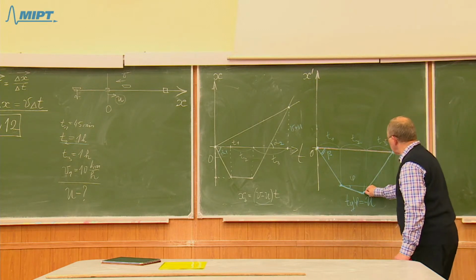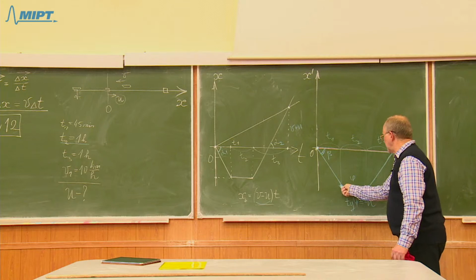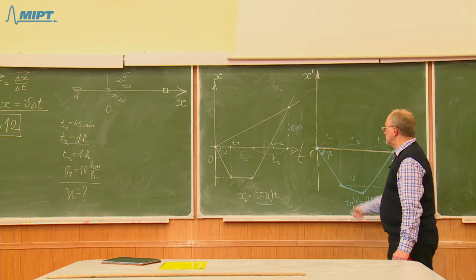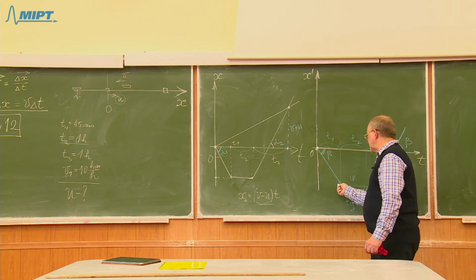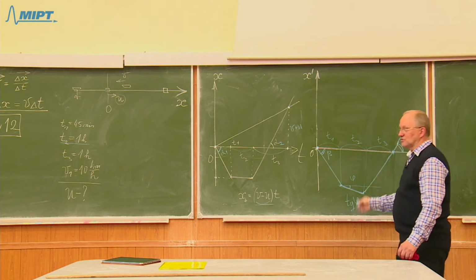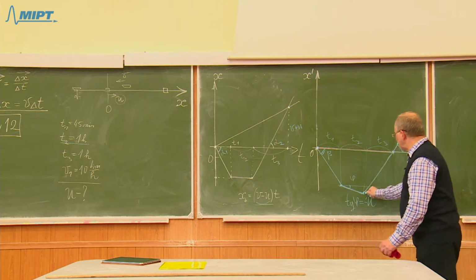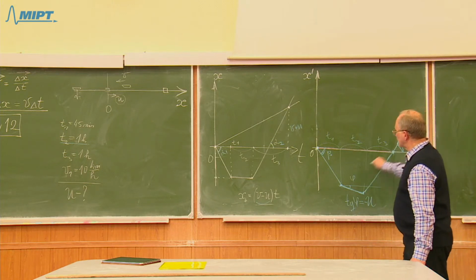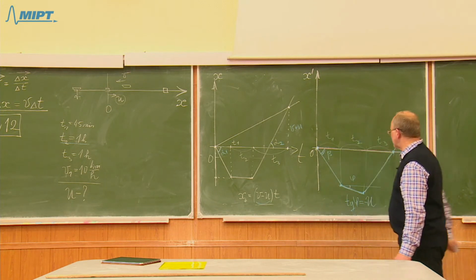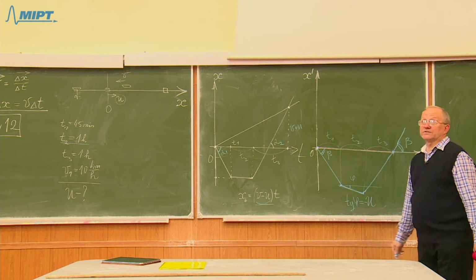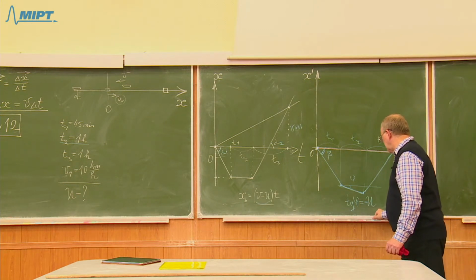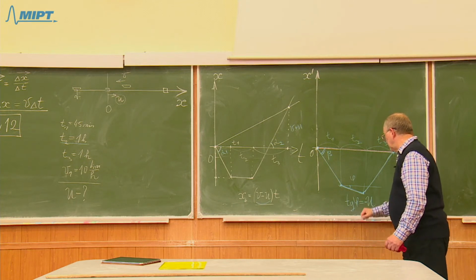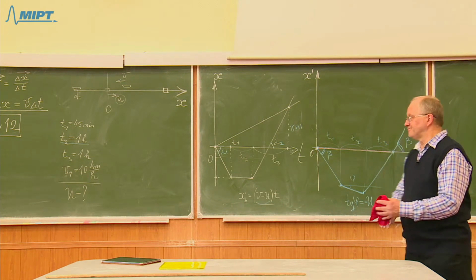So this direction will produce positive velocity, and this direction will produce negative velocity. When the displacement of the motorboat is positive, that is, its coordinate is increasing, then its velocity is positive. So strictly speaking, this tangent equals minus u, minus the velocity of the river flow.